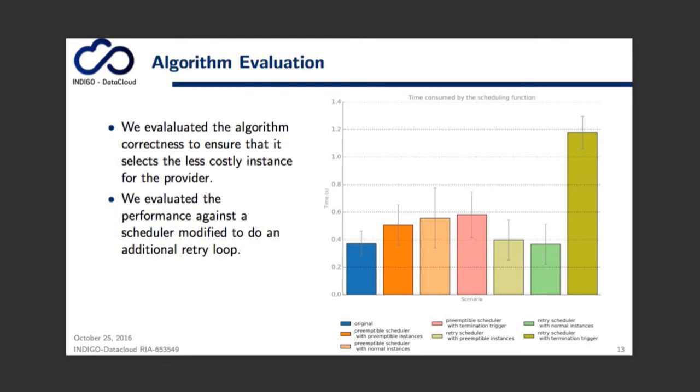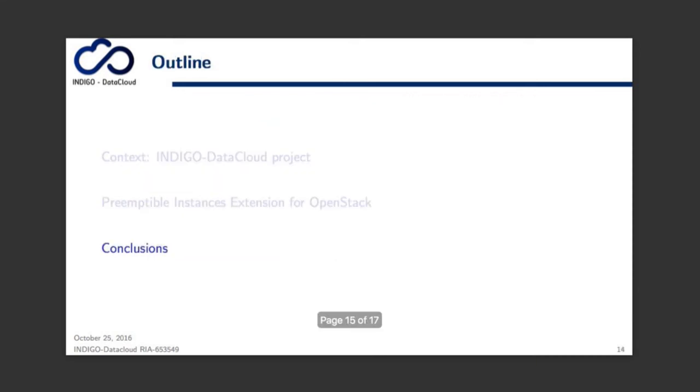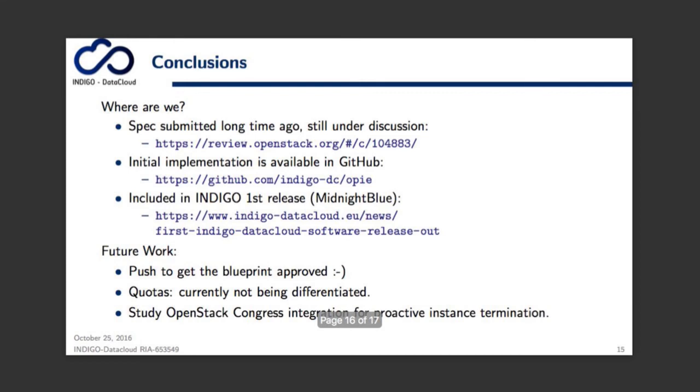And the three bars in greenish colors are with a retry cycle. If we introduce a retry, we introduce a considerable penalty, but our implementation introduces a penalty that can be neglected.